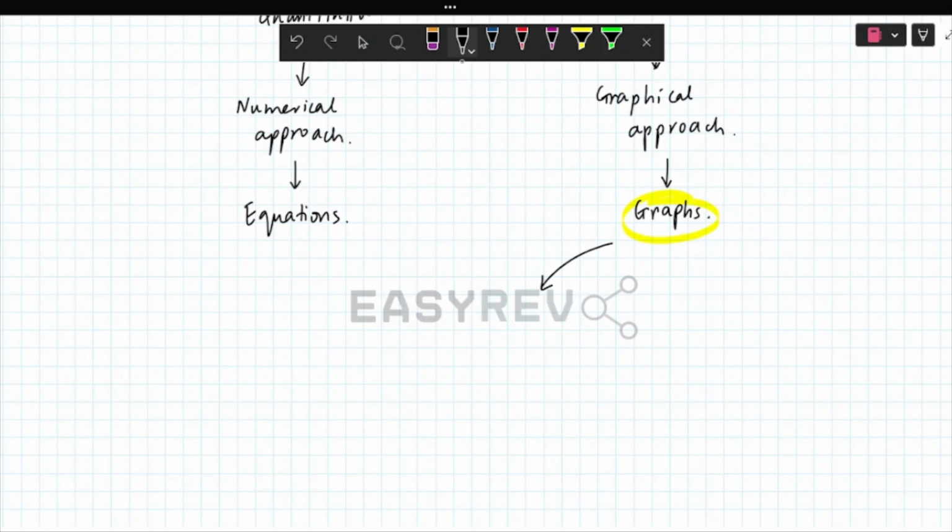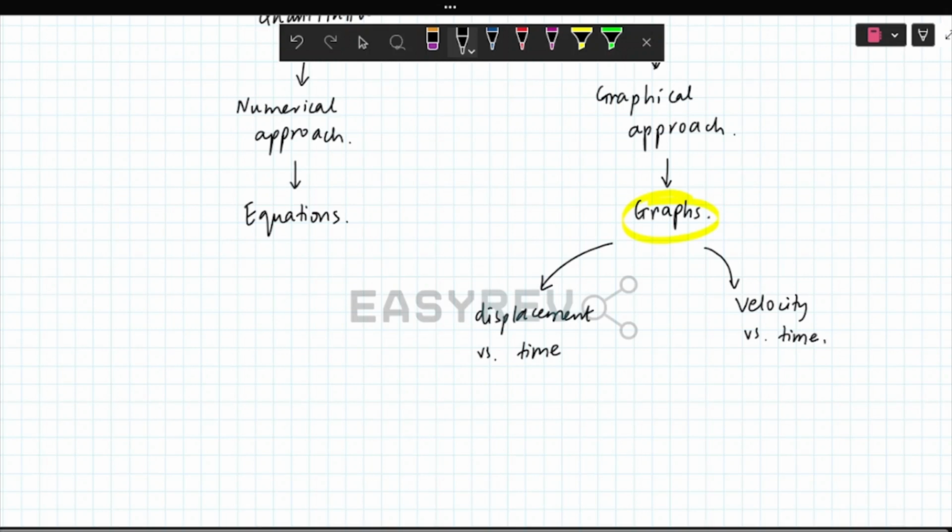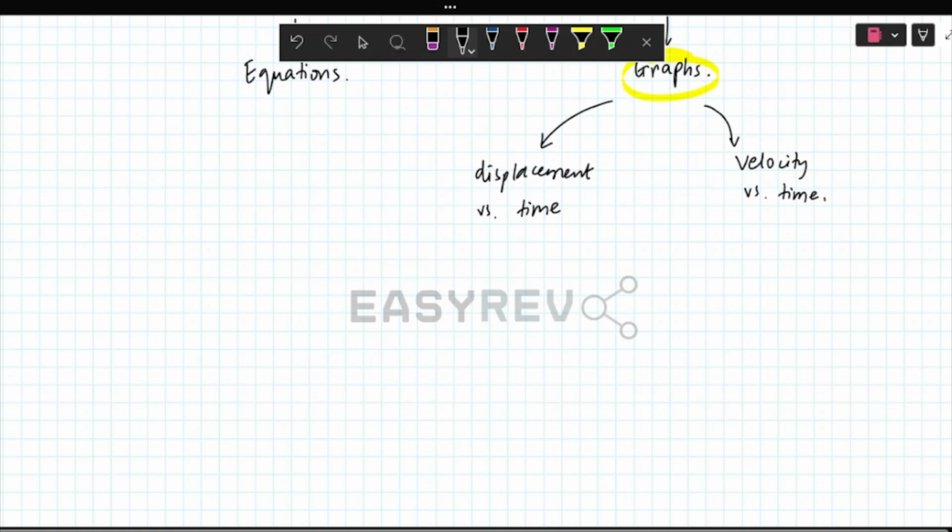There's going to be displacement versus time graphs, and there are going to be velocity versus time graphs. So let's look at each of these one by one and understand some of their important features that will help us better understand different types of motion.